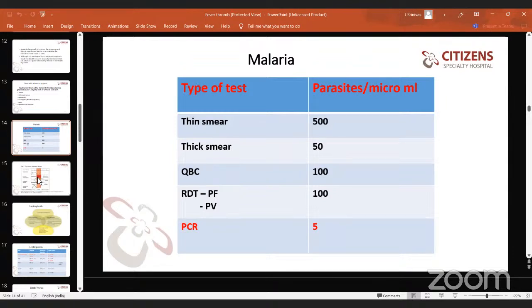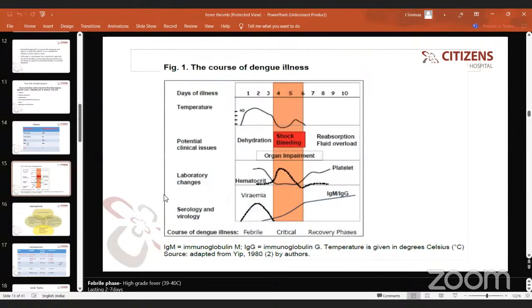Sir, see here, if you see this, in the initial course of dengue fever, the first 3.5 days is white. After that, 3.5 days to 6 days is a little yellow, yellow to orange.